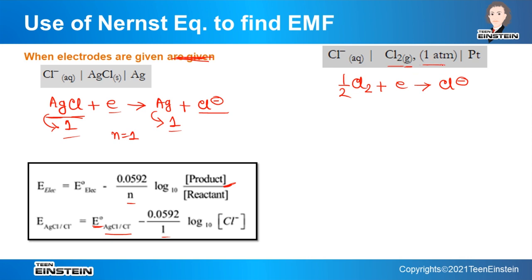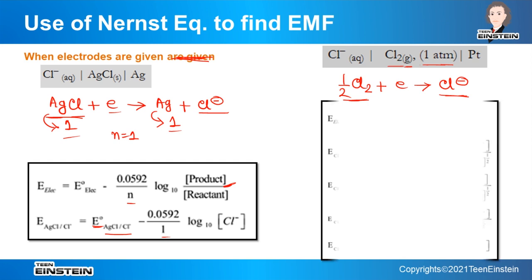That is given as 1 atmosphere. So on the product side we have Cl-. Its concentration is not given, but it may be given, and in the denominator there will be the pressure of chlorine gas, which is given as 1 atmosphere.